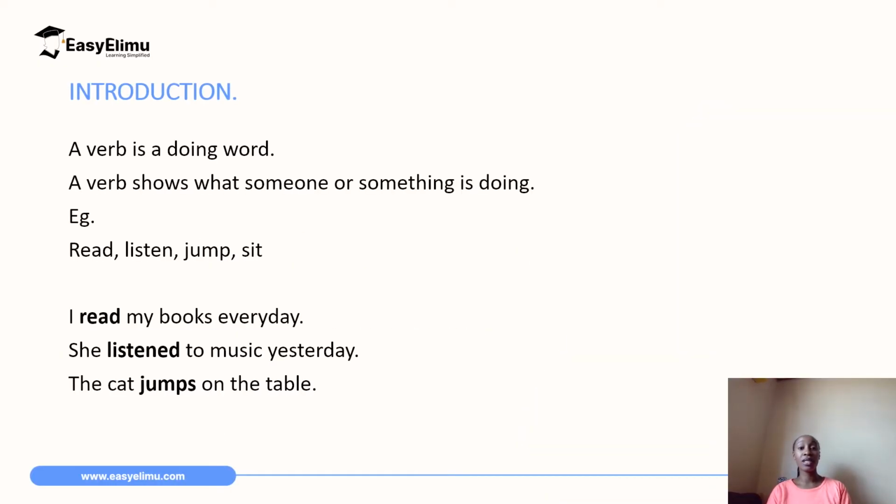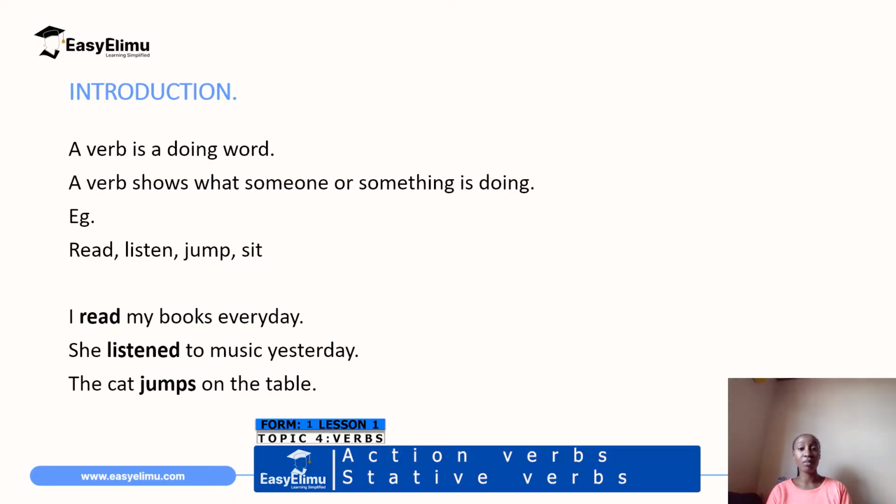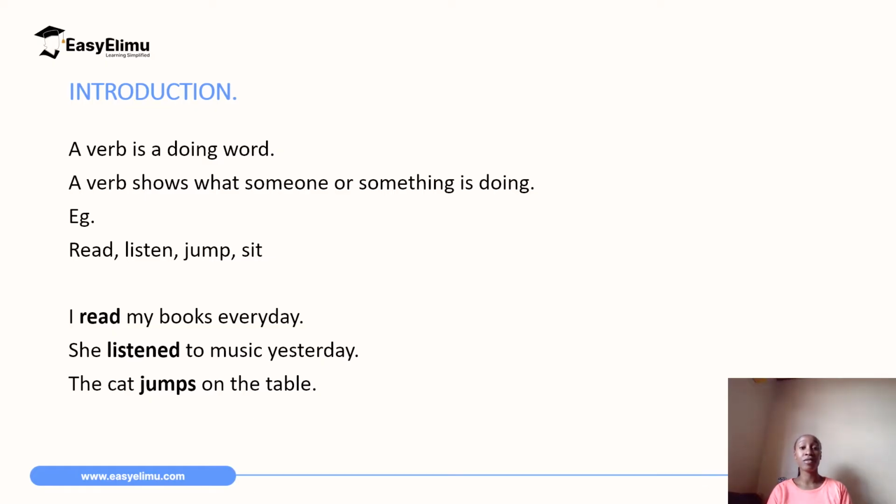So a verb is a doing word. A verb shows us what someone or something is doing. For example, read, sleep, pray, all those are verbs. I read my books every day.